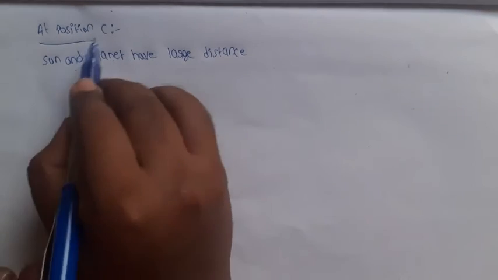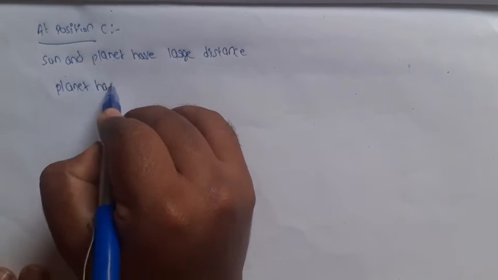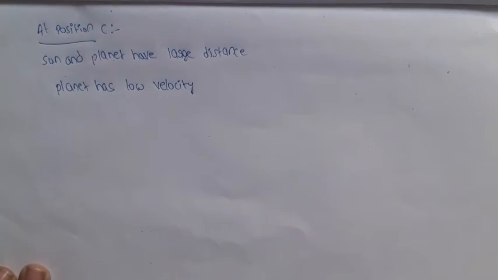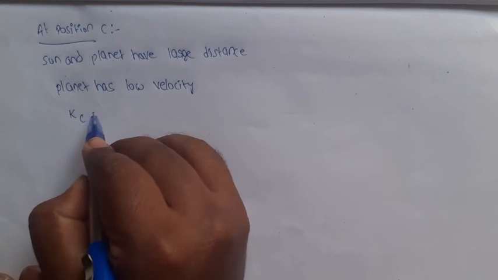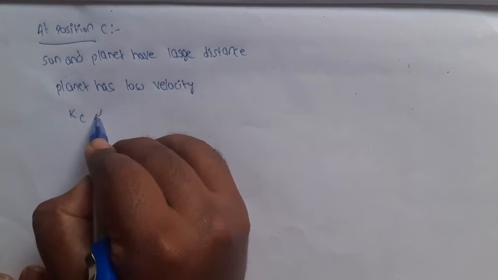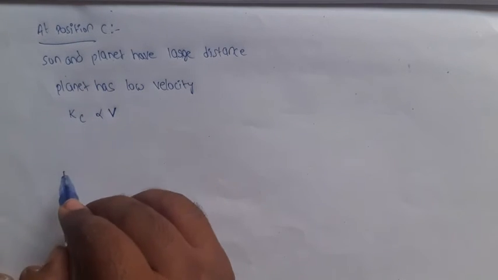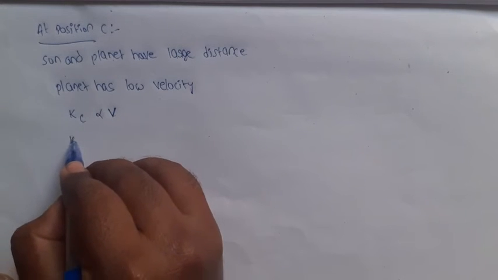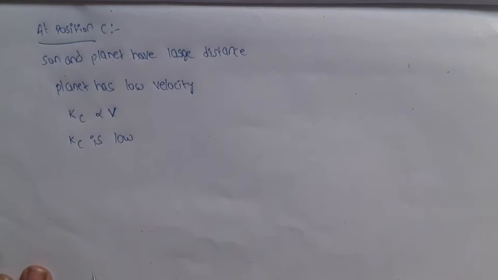At point C the planet has low velocity. What about the kinetic energy Kc? Kc is directly proportional to v. So when velocity decreases, kinetic energy also decreases. Velocity is low, so kinetic energy is also low. Kc is low.